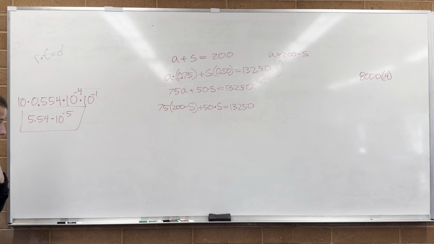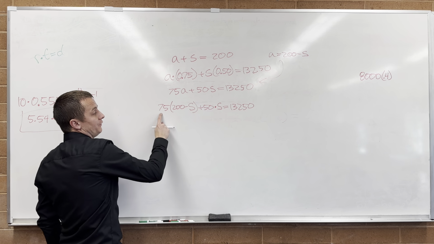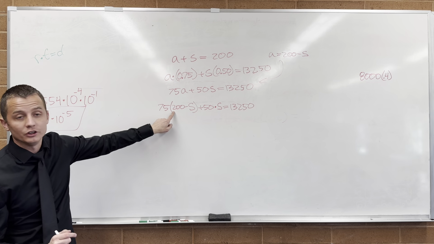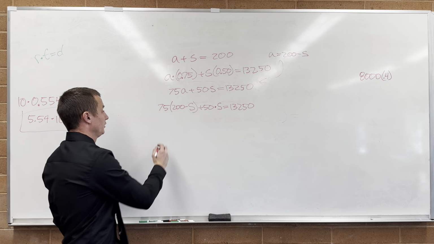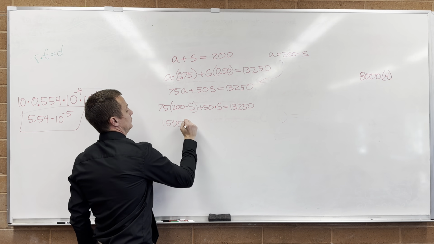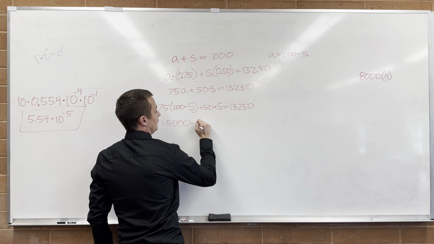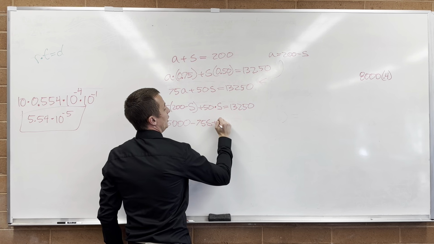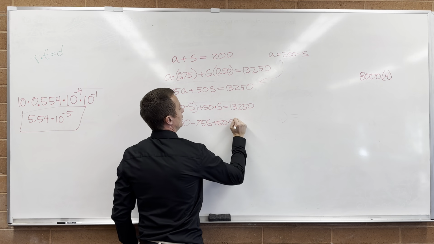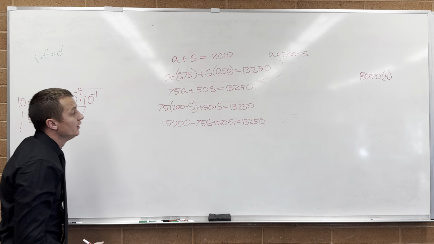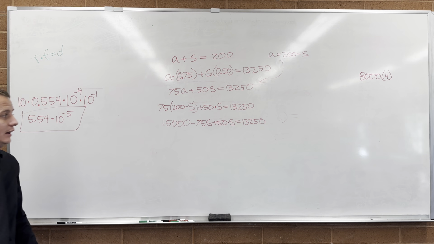So 75 times 200, what does that give us? 75 times 2 is 150, then add 2 zeros. So 15,000 minus 75s plus 50s is equal to 13250. Subtract 15,000 from both sides and combine like terms.